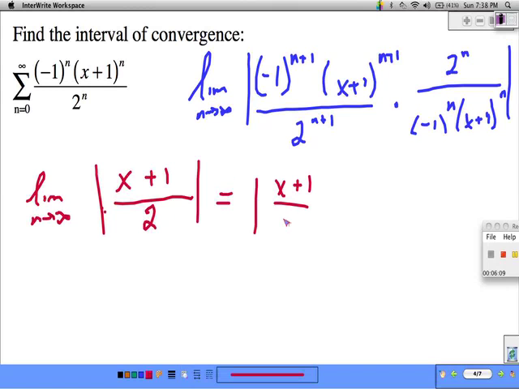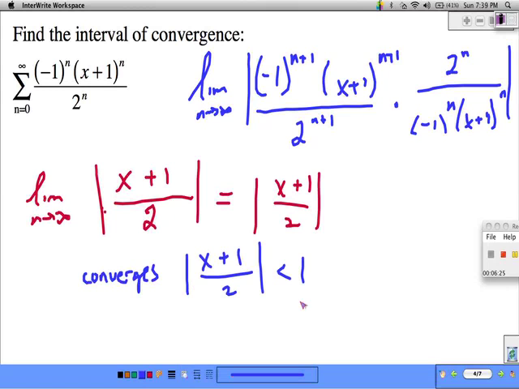As n goes to infinity, that thing stays where it's at. And this will converge when that quantity is less than 1. In other words, when the absolute value of x plus 1 is less than 2.